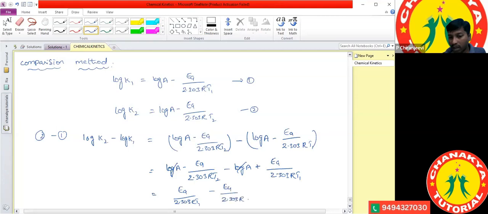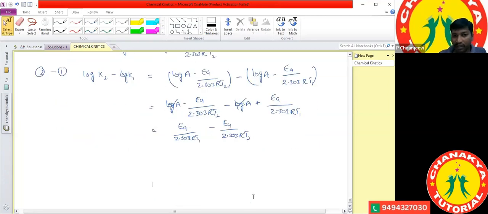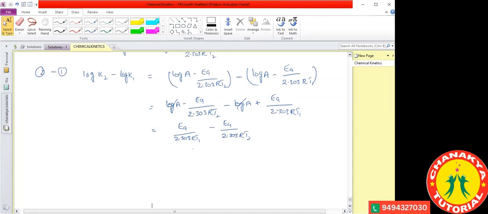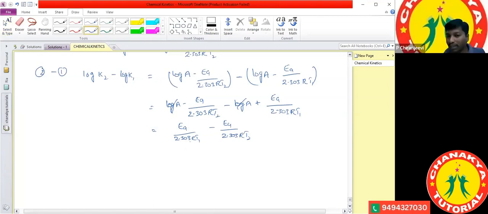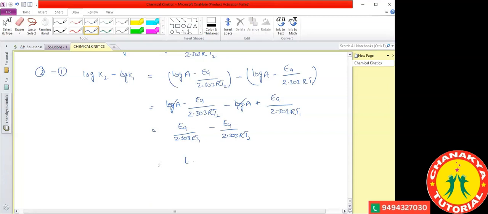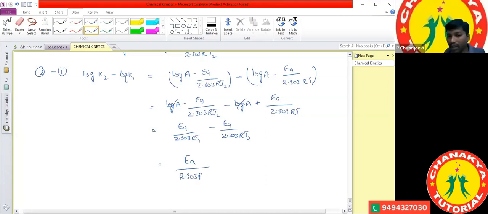What is the common factor here? Ea by 2.303 R is common. If we take it common, we can write 1 by T1 minus 1 by T2.